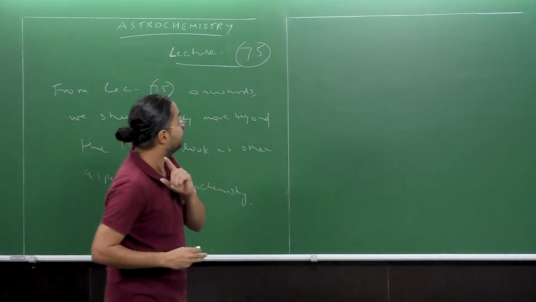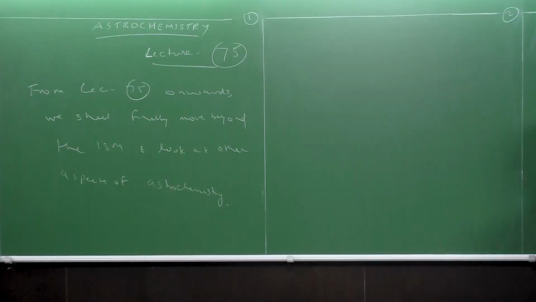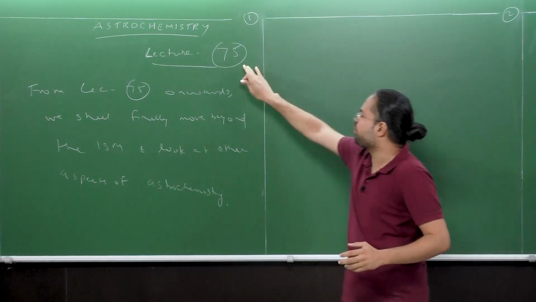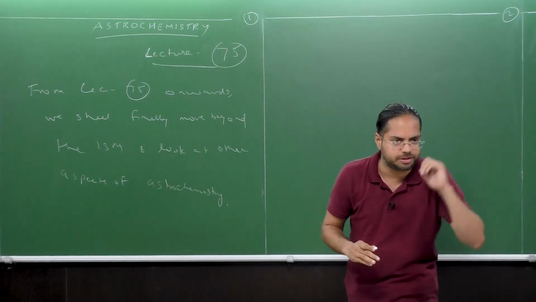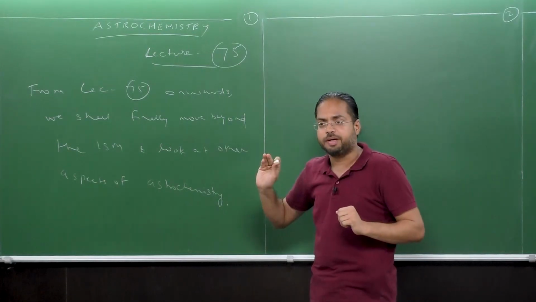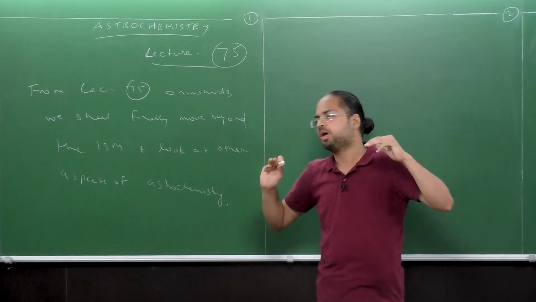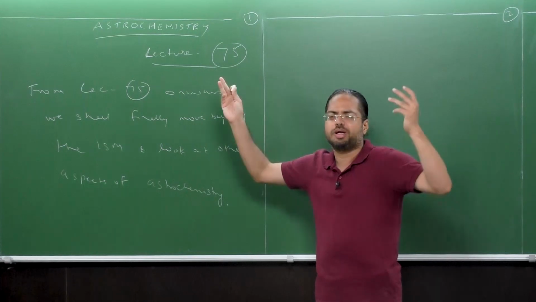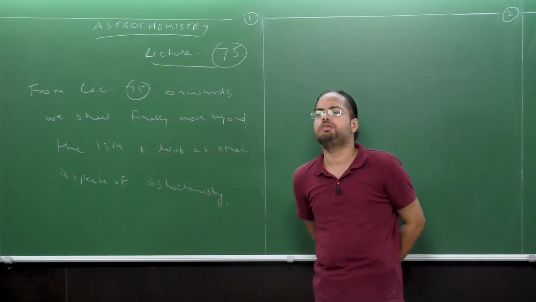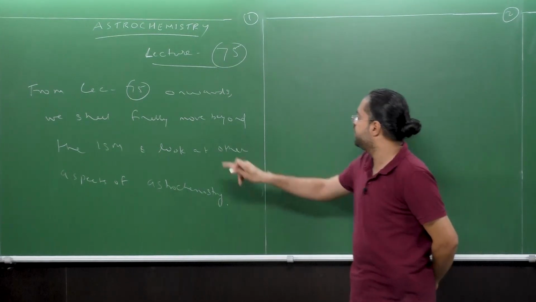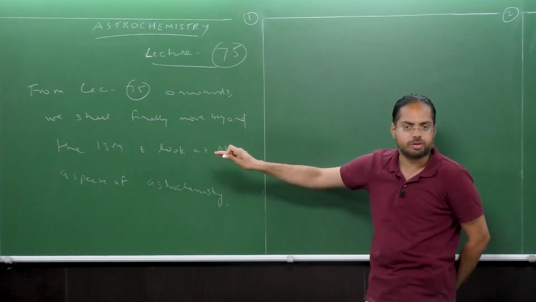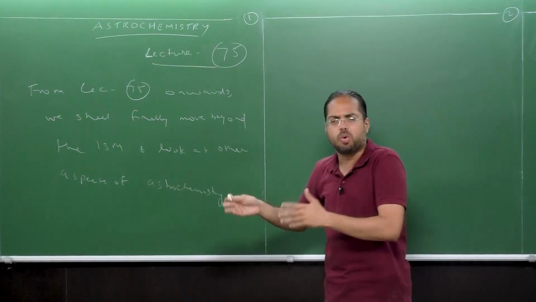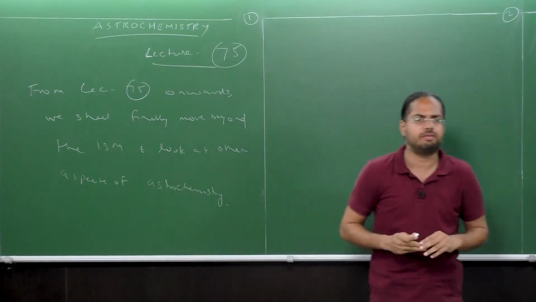But I must also explain something to you. This is a course roughly containing 84 or 85 half-hour lectures. But from lecture 1 until approximately lecture 72 or so, why did we spend an inordinate time on the interstellar medium? And why relegate the other aspects of astrochemistry to only about 10, 11 or 12 lectures at most?